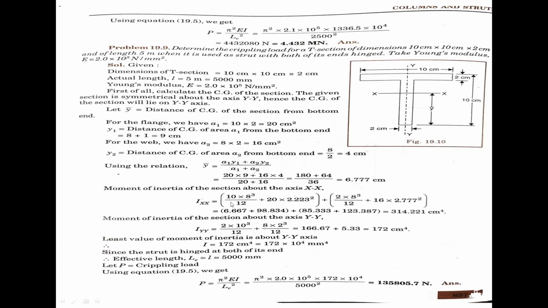Now the moment of inertia of the section about the x axis. I take I equals BD cube by 12 plus A1 into (2.223) whole square, plus DB cube by 12 plus area A2 into (2.77) whole square.